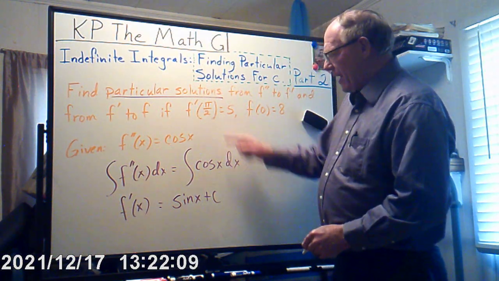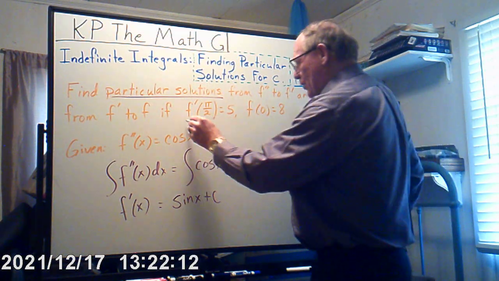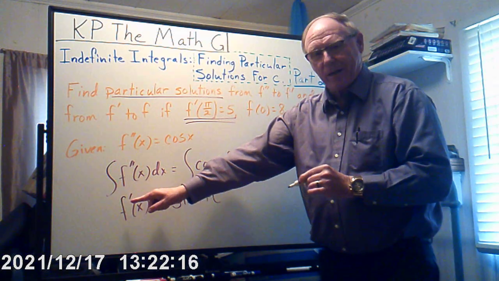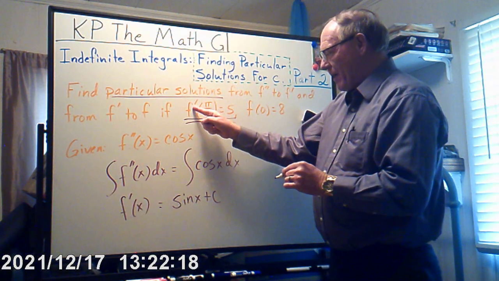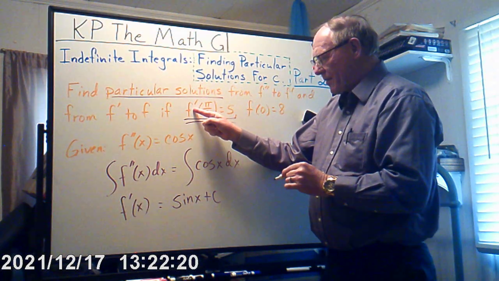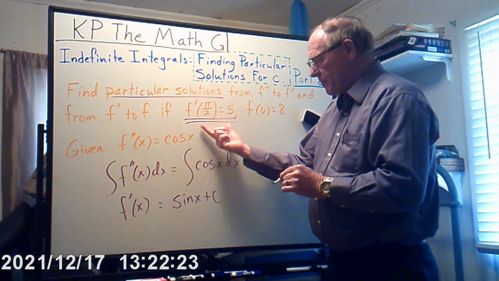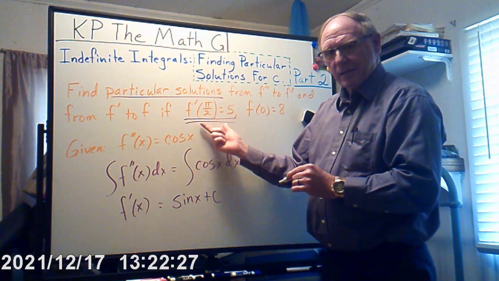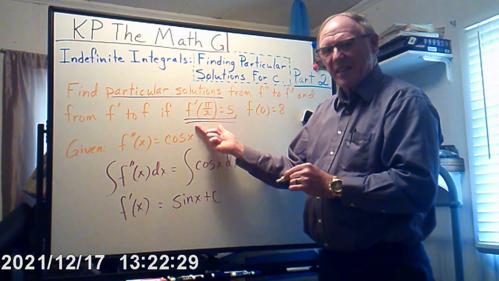Now I can come to this first one right here. I'm not worried about this second one because I'm at f prime right now. So I'm going to go to this initial condition.